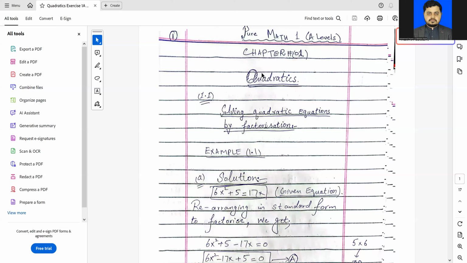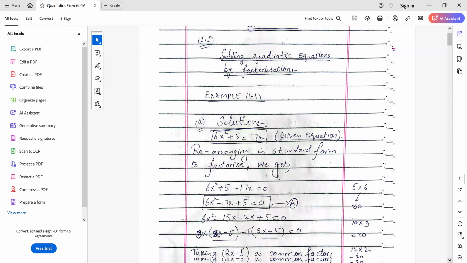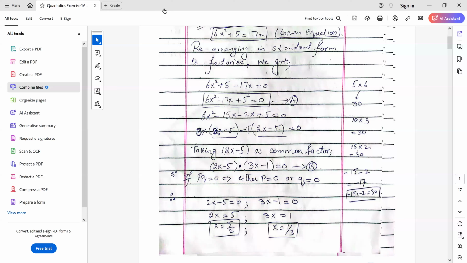I am sharing the screen here so you can easily see the solution screen. I hope this is visible to all of you. So we will discuss the solutions one by one.